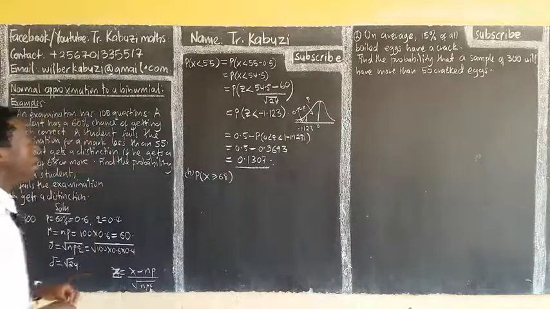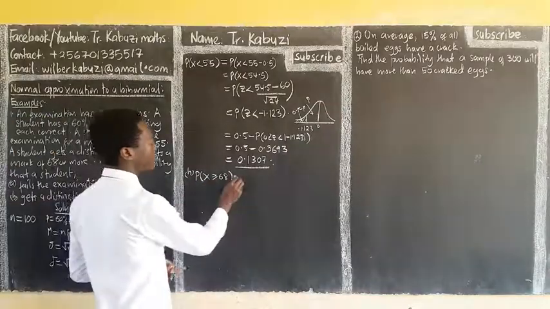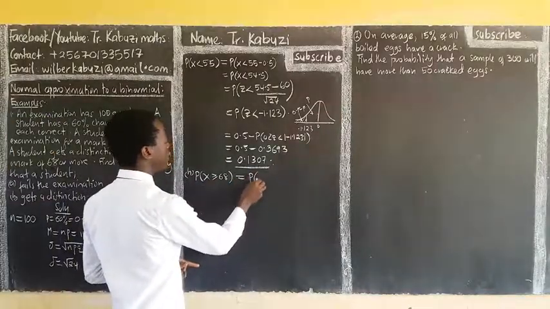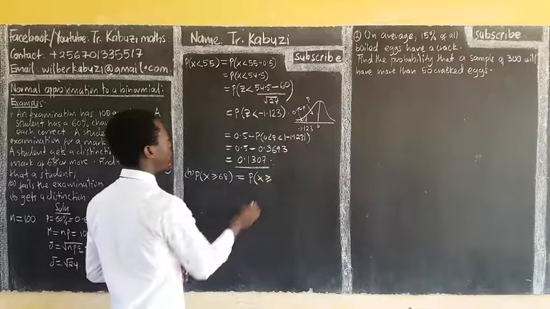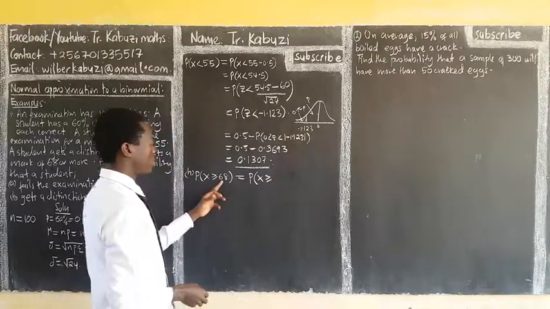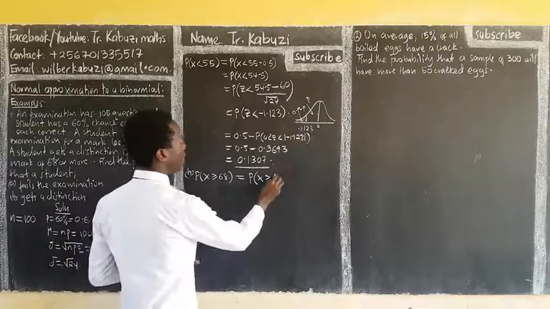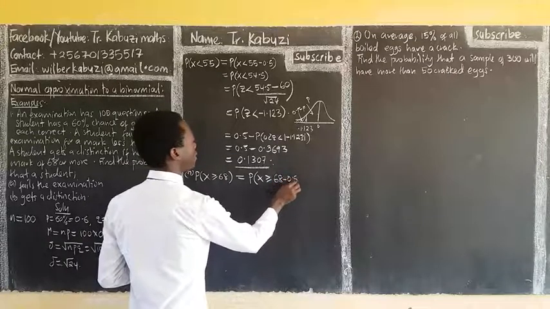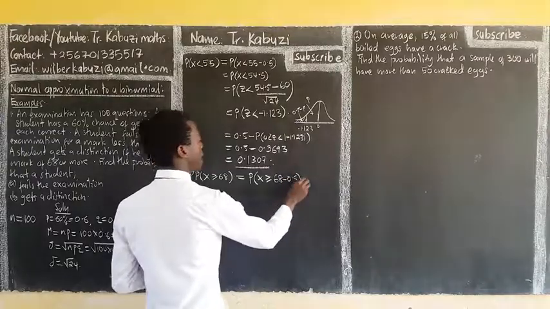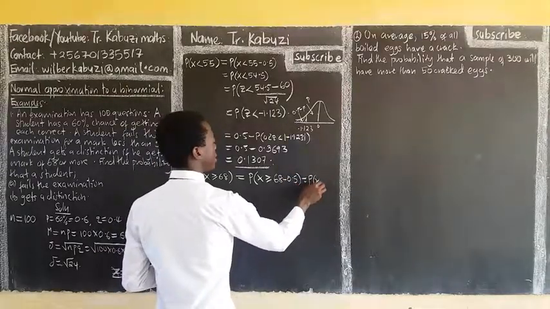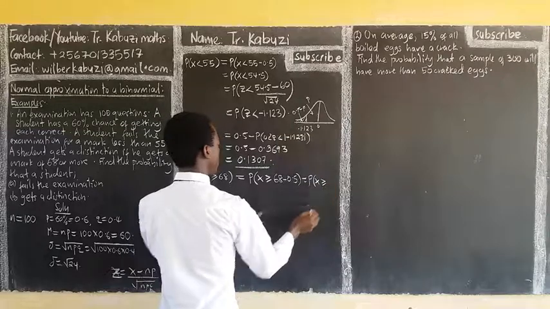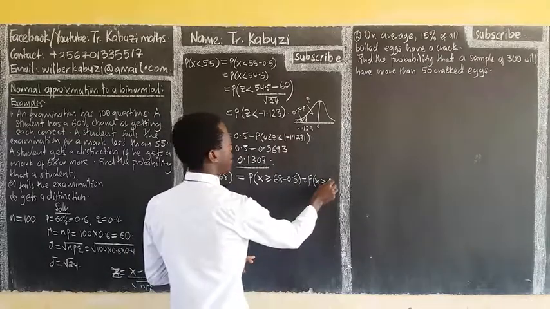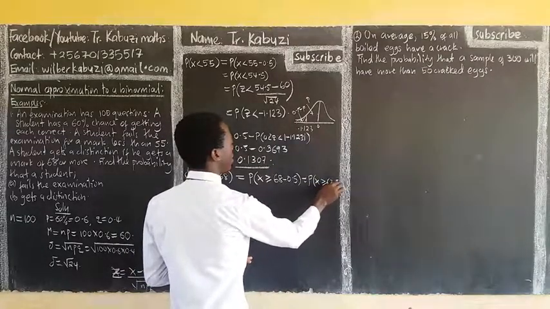This is the symbol. And now we combine these two, continuous and probability of x greater or equal to. If it's greater or equal to, then we shall subtract 0.5. So this will be the probability of x greater or equal to 67.5.